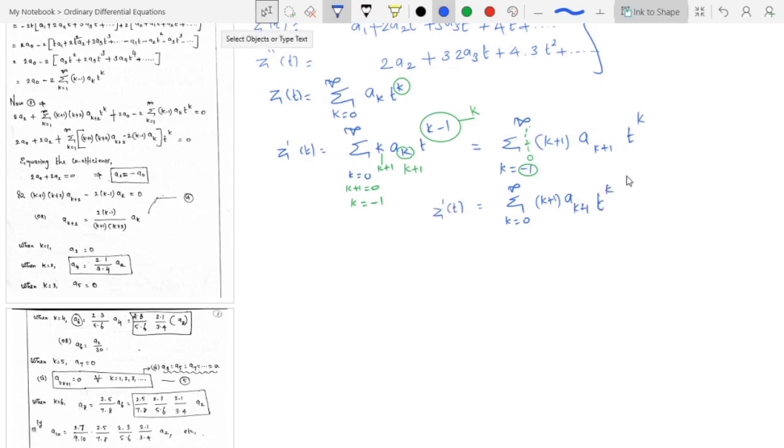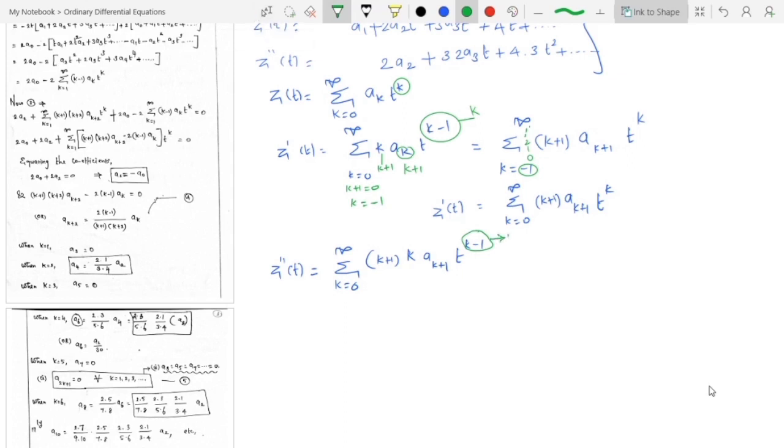Again differentiating z dash with respect to t, that is z double dash of t, that is equal to summation k varies from 0 to infinity, (k plus 1) constant, a_(k+1) constant, k t power k minus 1. Do the same concept as before.